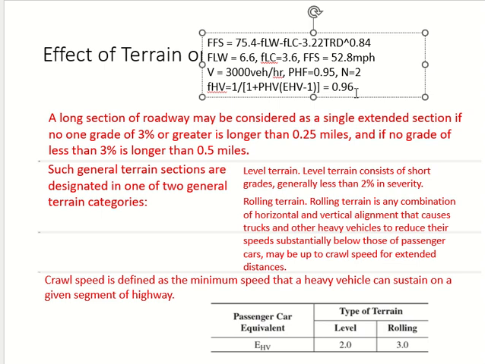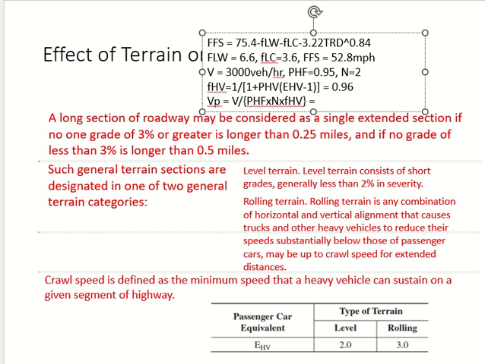Okay, we were calculating VP, demand flow rate. FHV was required there. So VP equals V divided by peak hour factor, N, and FHV. V is 3000, peak hour factor given, FHV you just found. Number of lanes 2.